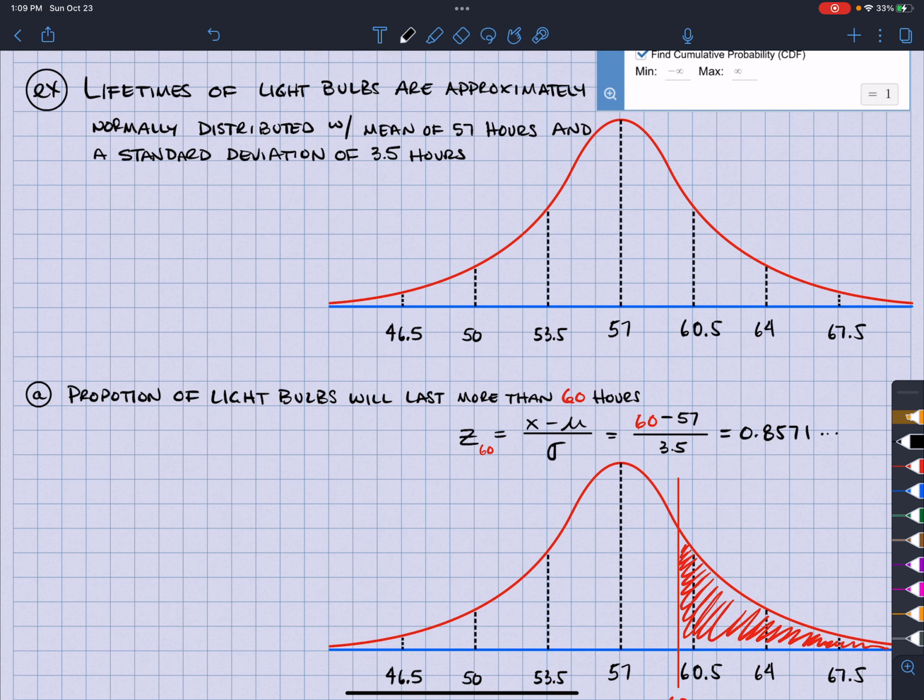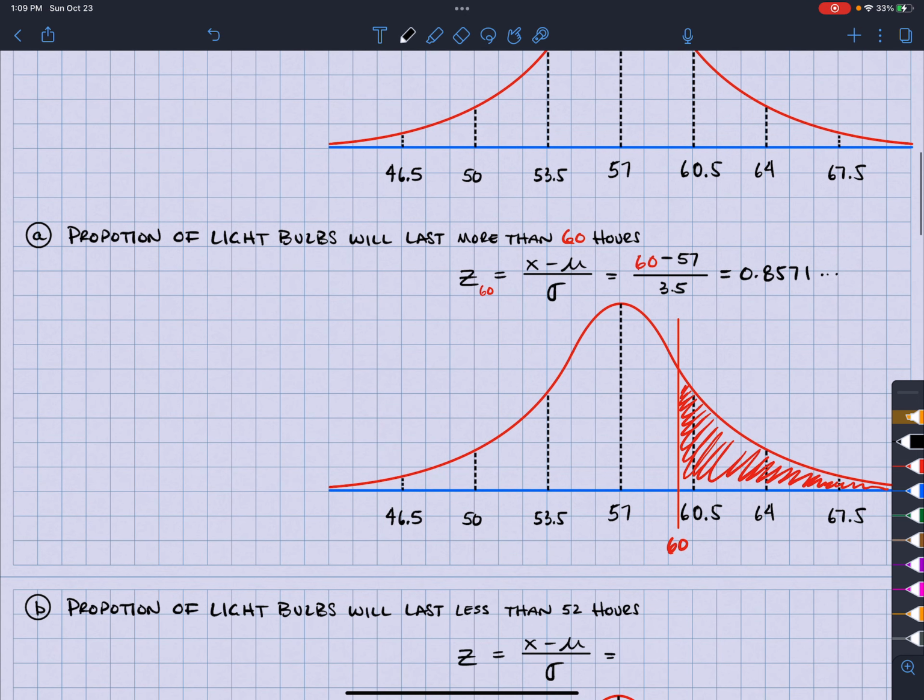So if you look at this, if I was to standardize this to a mean of 0 and a standard deviation of 1, where 60 is located is between 0 and 1. Does that look like it would be about 0.8-ish, 0.9-ish?